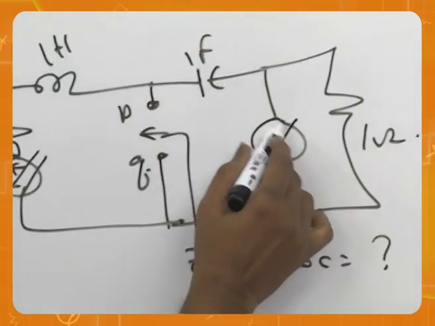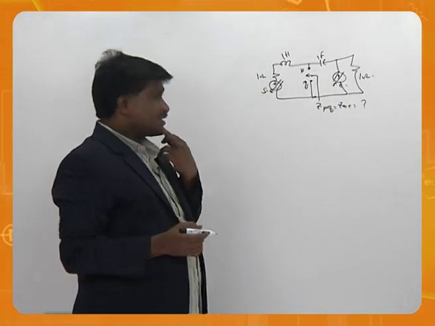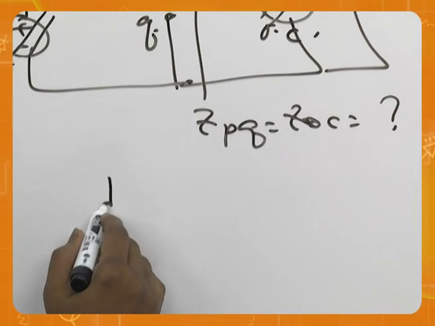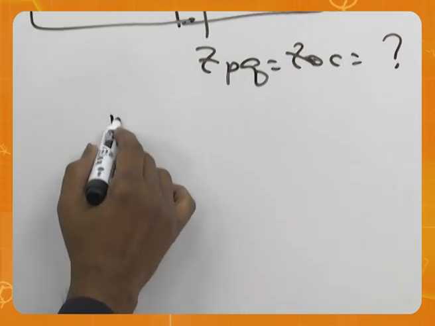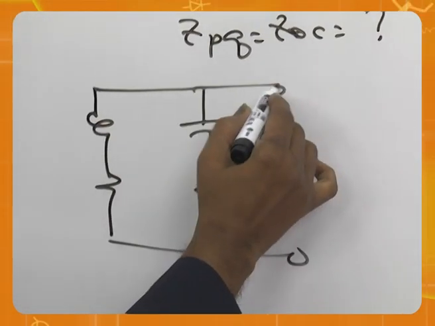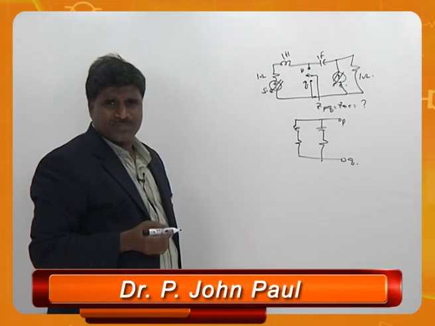This you open. Now please redraw the equivalent circuit. The equivalent circuit is very simple: inductor, resistor, capacitor, resistor. This is PQ.